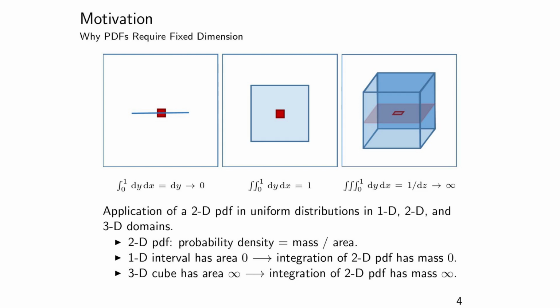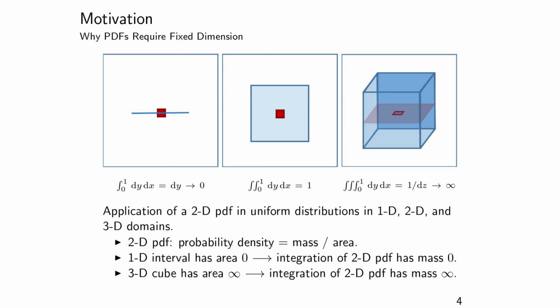which is 1. But if we look at the example in the 1D case, if we try to use this 2-dimensional formulation, we would find that by doing the single integration of something which is set up for a double integral leaves us with an infinitesimal in the y direction, which then, of course, gives us a value of 0.